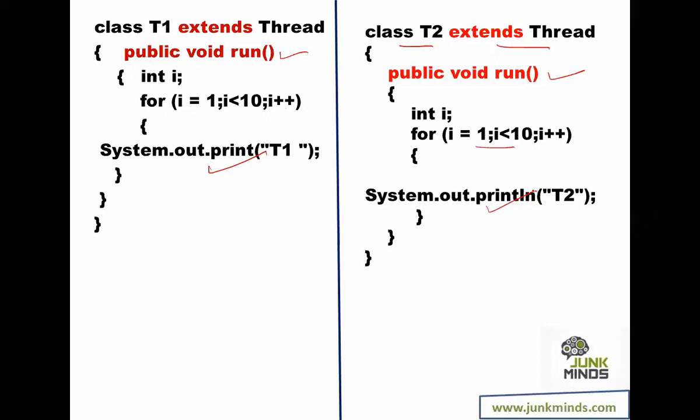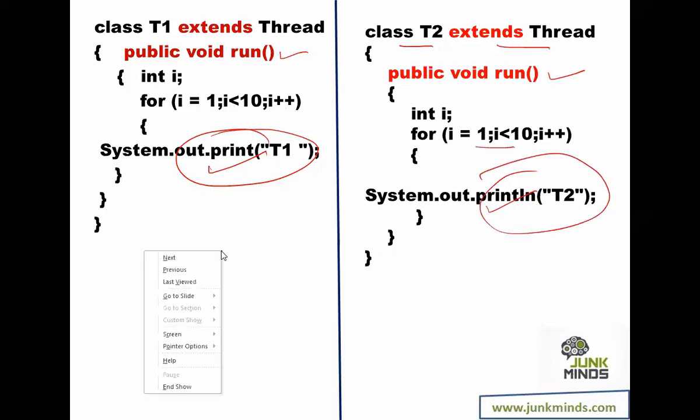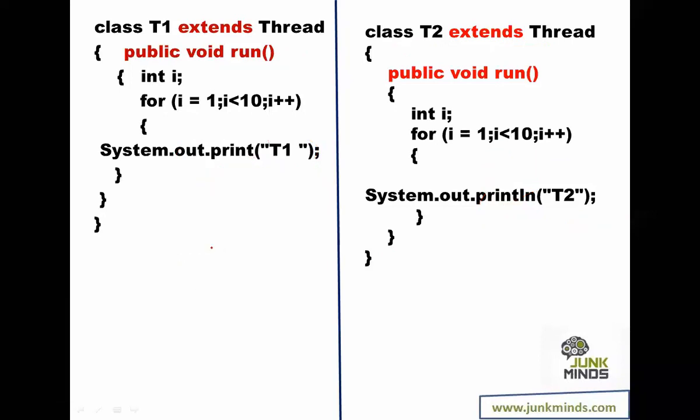But as and when I create a thread using an object of class T1, it will keep printing T1. Whenever I create an object of class T2, which would be a thread, on its working, it will keep printing T2. So I have just created two classes, T1 and T2, which are capable of generating a thread, but we haven't created a thread as yet.